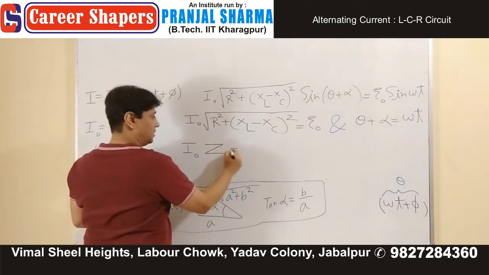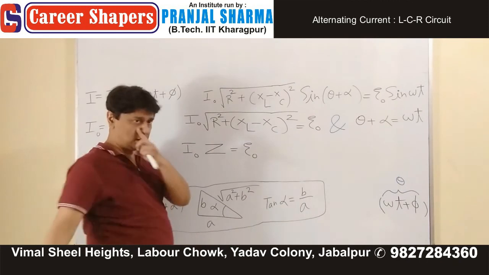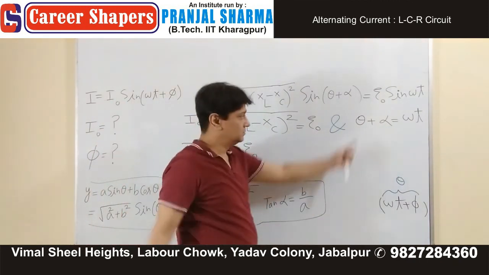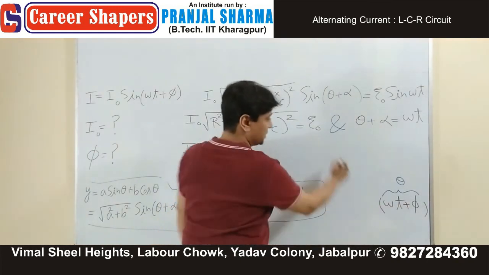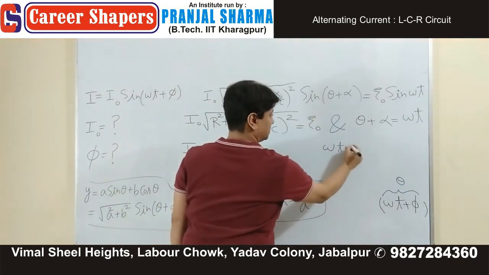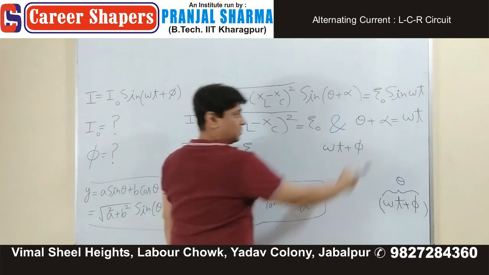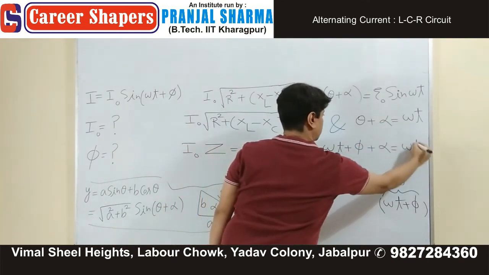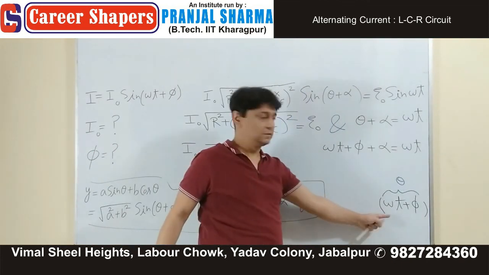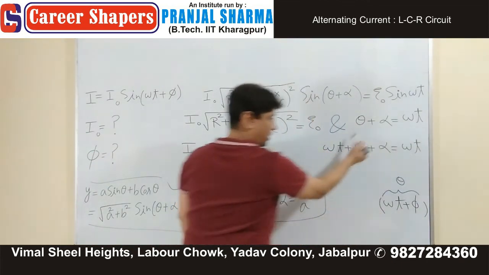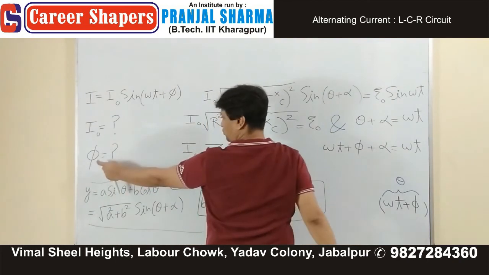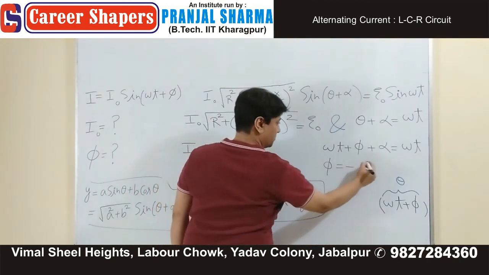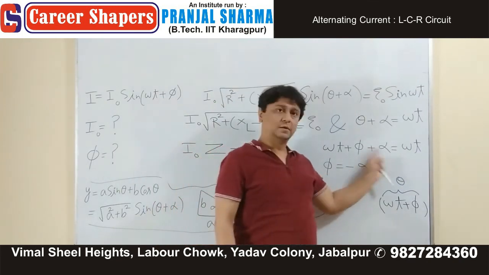Right now, theta. What is theta? Omega t plus phi, plus alpha is omega t. Omega t cancels. Our aim is to find phi.